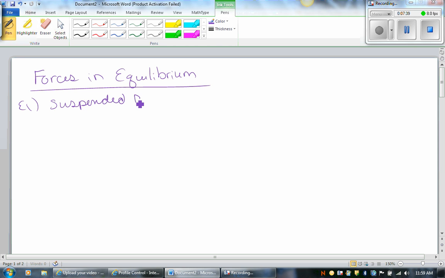Suspended block is the example we're going to be looking at. A 350-pound block is suspended by 2 cables. And we'll draw a picture of this after.